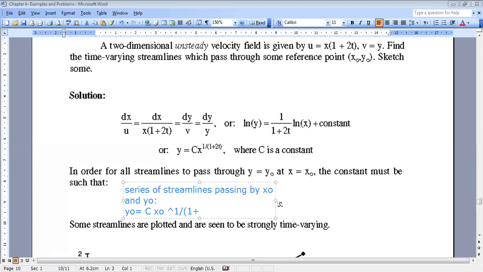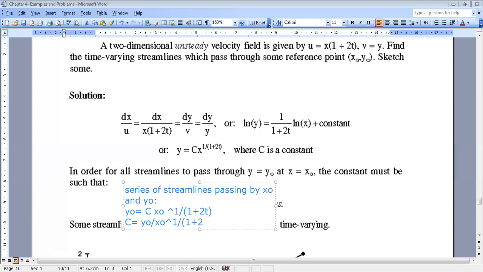Now I can say that the constant c for streamlines passing by this point is equal to y0 over x0 to the power 1 over 1 plus 2t. So you found the constant c for which the streamlines will pass by this point.